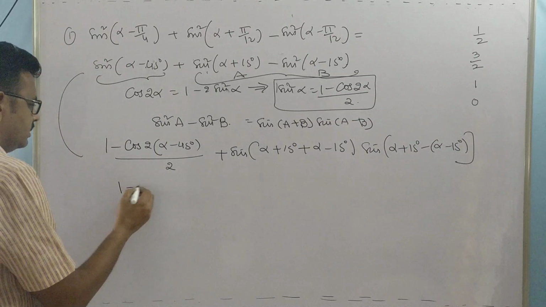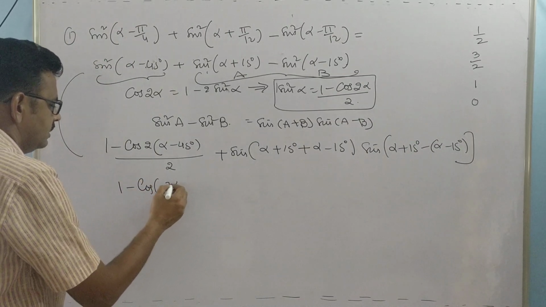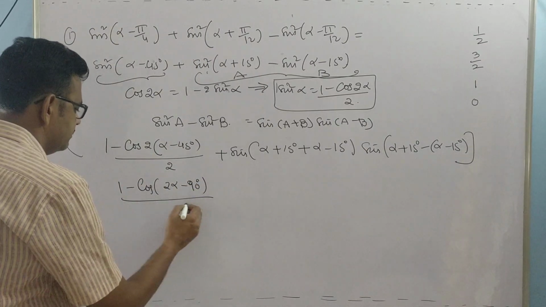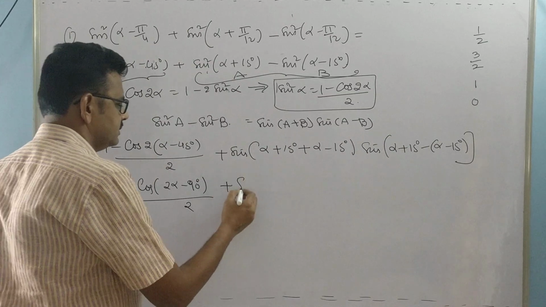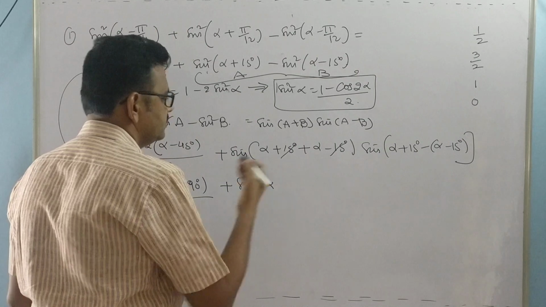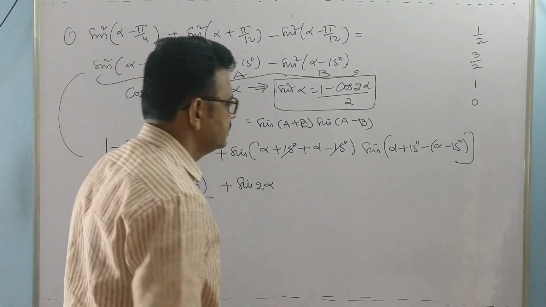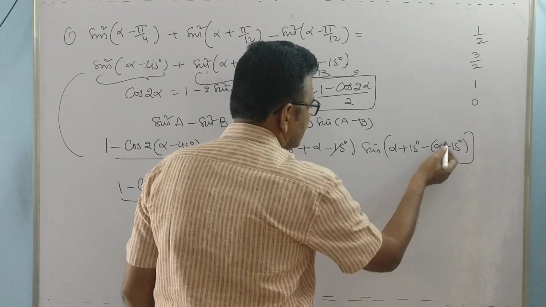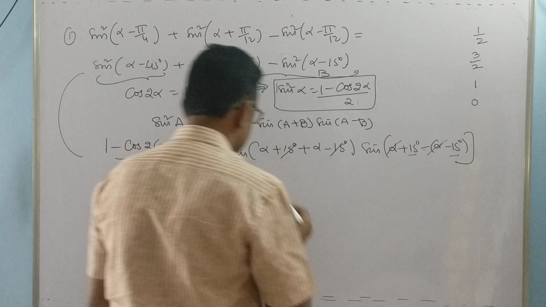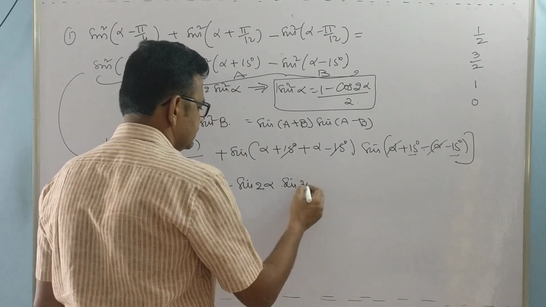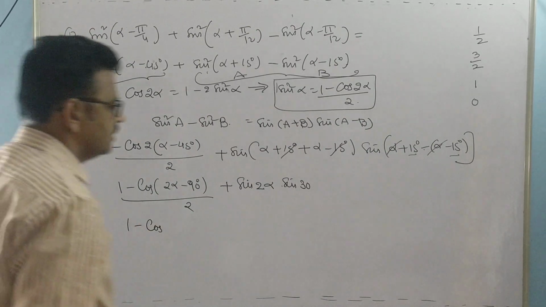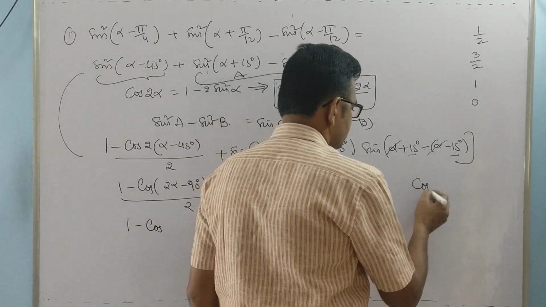So this is (1 minus cos of (2 alpha minus 90 degrees)) by 2, plus sin 2 alpha into, where 15 degrees gets cancelled, and alpha gets cancelled, 15 minus of minus 15, so this is sin 30 degrees.